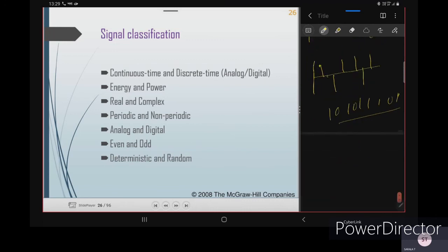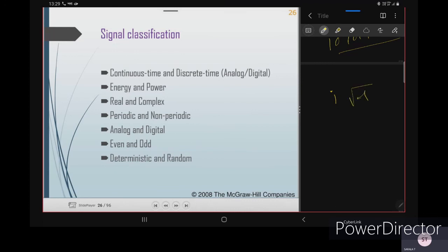In this way, you can write digital signals. Next is energy and power signals. Then real and complex signals. Real signals don't have an i value. A complex signal will have the i value, that is root of minus 1, a non-real value. Next we have periodic and non-periodic.